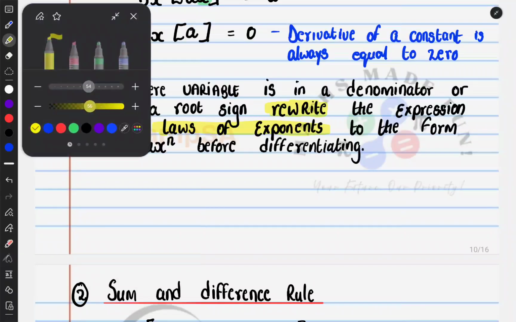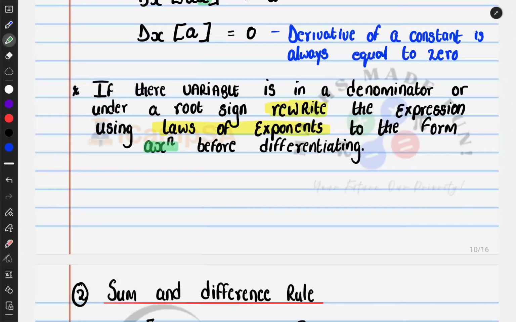I'll just call it a linear form, whereby you don't have fractions and you don't have your variables under the root sign.